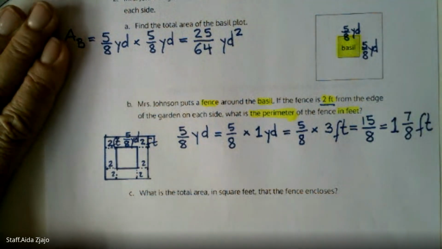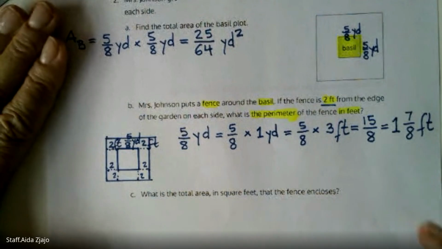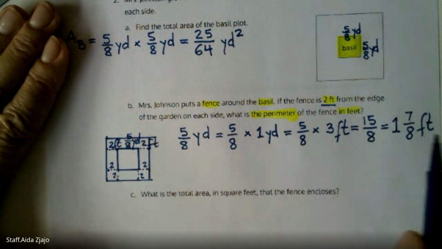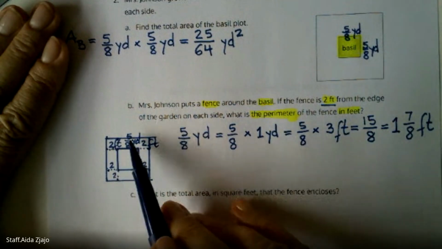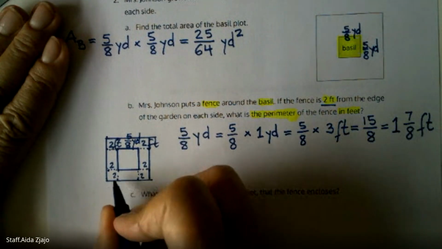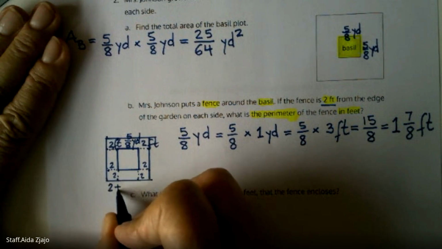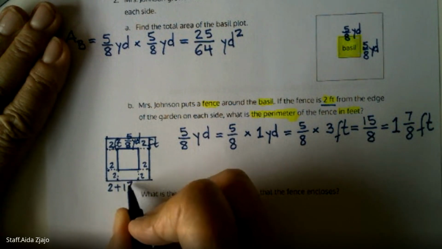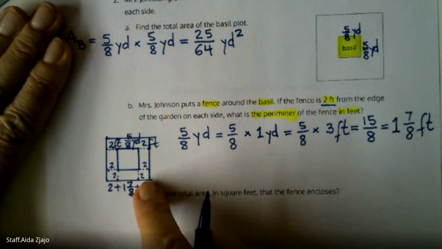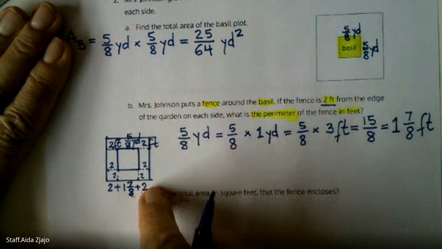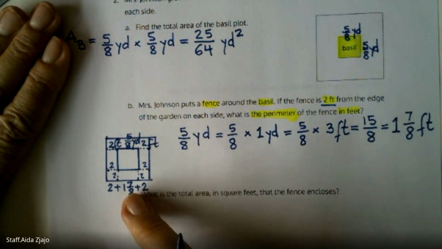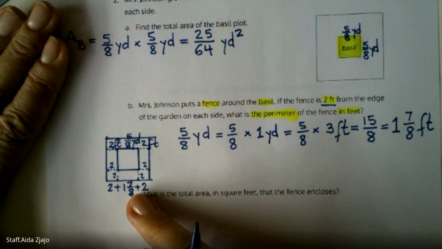So right now I got the value of 5/8 yard as feet. Now I need to add 2 plus 1 and 7/8 plus 2 to know the length of this square around the basil that represents the fence.